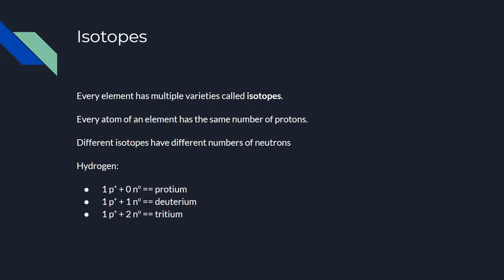So that's protium, like 98% of the hydrogen out there, maybe 99%. Then you have deuterium, 1 proton and 1 neutron. That's like most of the remaining hydrogen in the universe. And then you have tritium, 1 proton and 2 neutrons. Okay? They're vanishingly small. But almost all elements have these different isotopes.